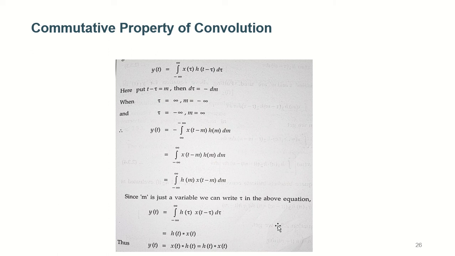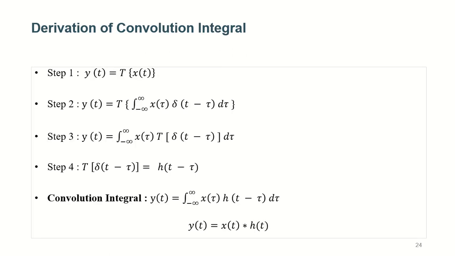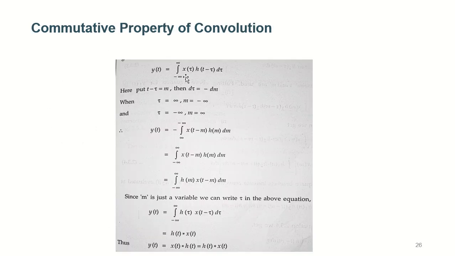In this property, it states that convolution is a commutative operation. So let's again take the same system which we took while deriving the integral. This time again y of t will be the integral from minus infinity to infinity of x of tau h of t minus tau d tau.